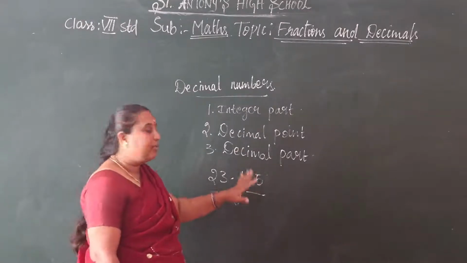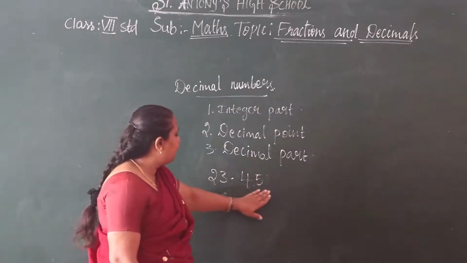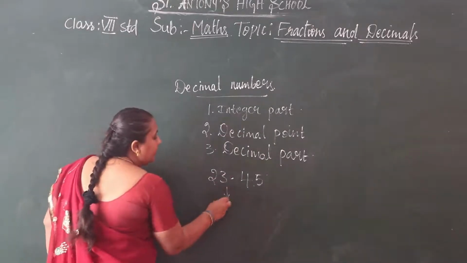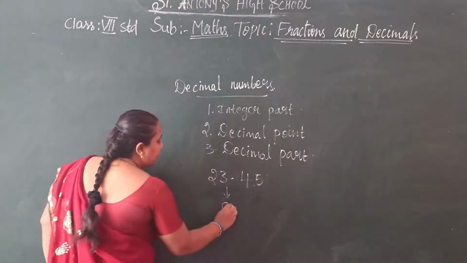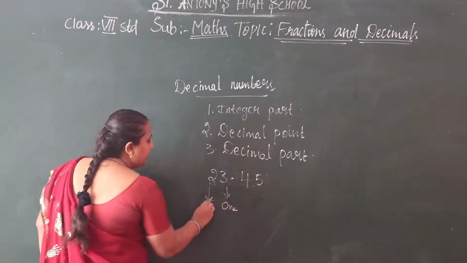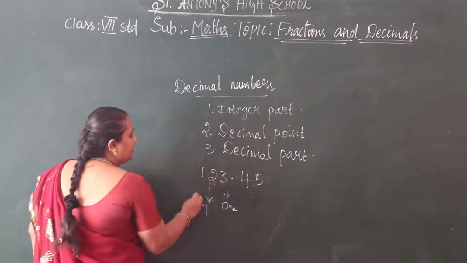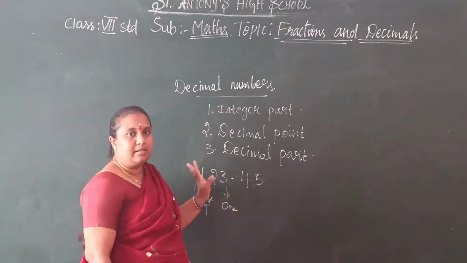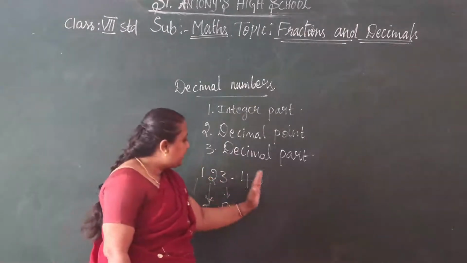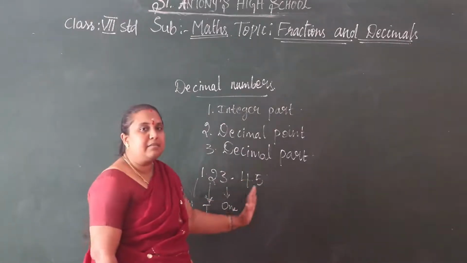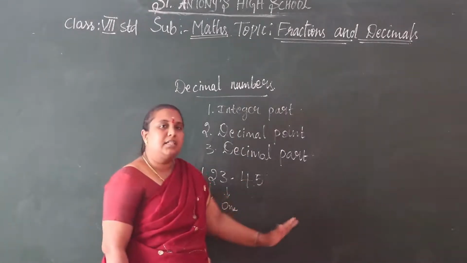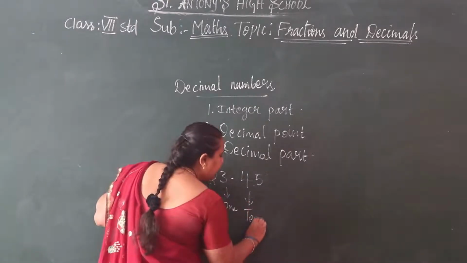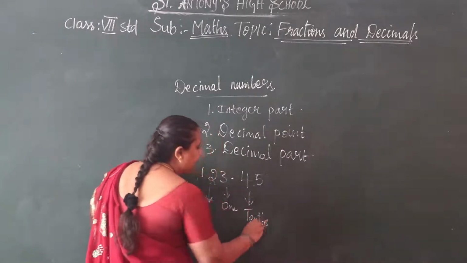23.45. Here in this decimal number, it starts with the integer part. This is the ones place, and this is the tens place, and if you have another number, this is the hundreds place, just like whole numbers. In the decimal part, it starts with tenths, T-E-N-T-H-S.